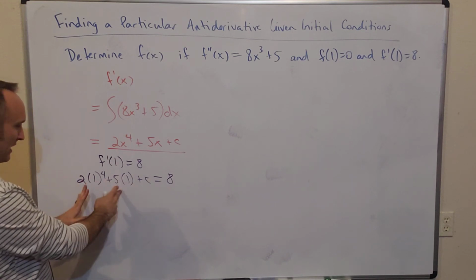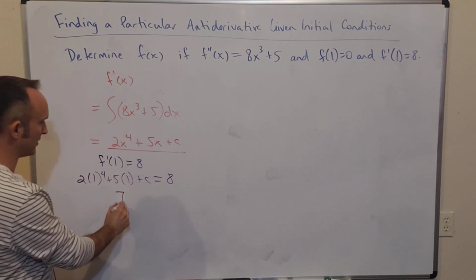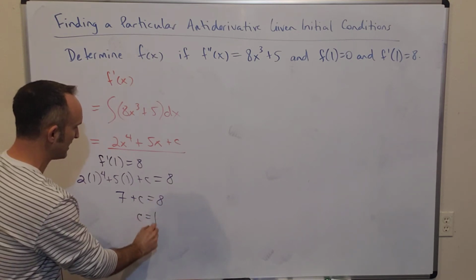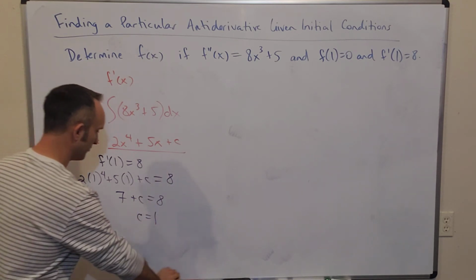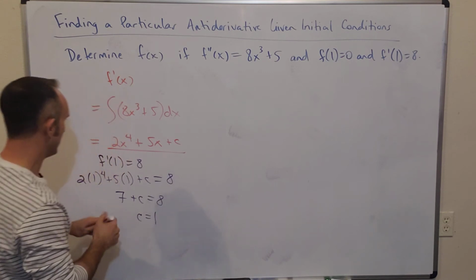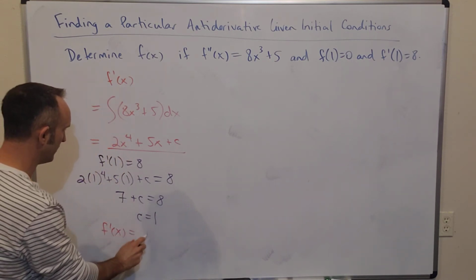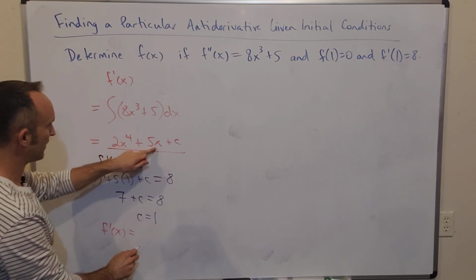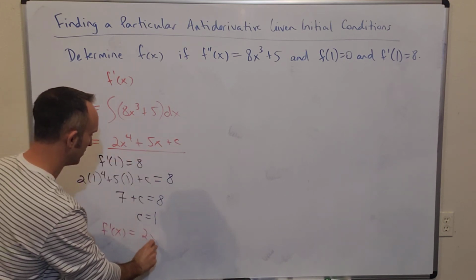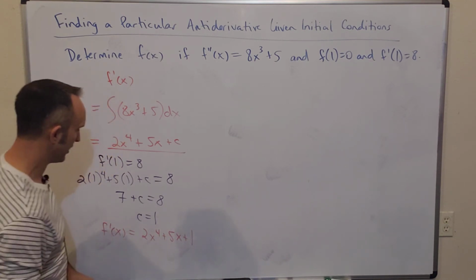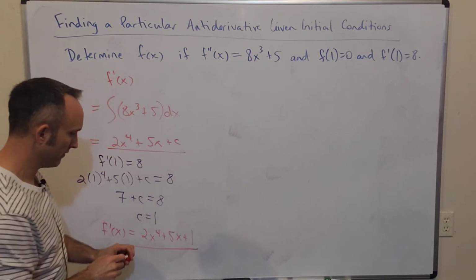And so simplifying this down, this all just turns into 7 plus c equals 8. So c is 1. So I know now that f prime of x, the first derivative, is 2x to the 4th plus 5x plus 1.